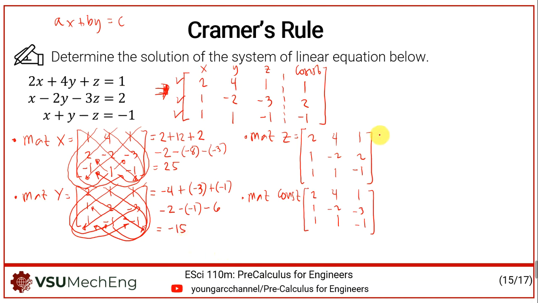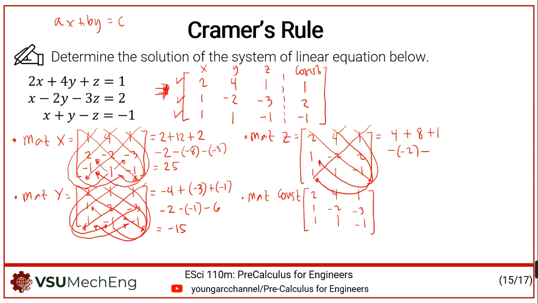Now let's proceed to matrix Z. So for matrix Z, 2 times negative 2 times negative 1, that's positive 4, plus 4 times 2 is 8 times 1, that's 8. Then plus 1 times 1 times 1, that's 1. Then minus 1 times negative 2 times 1, that's negative 2.